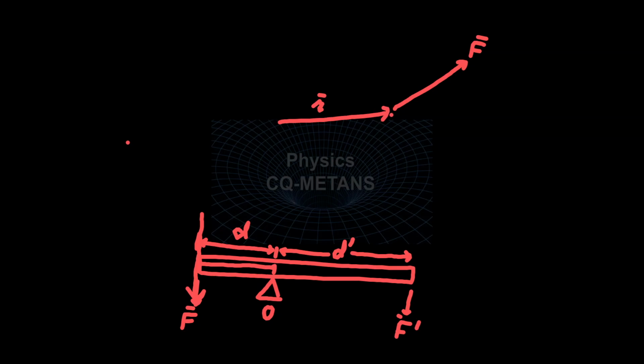If we extend this over here, this is the angle theta, and the opposite angle should also be theta, because opposite angles are equal. So this component is r sine theta. So F into r sine theta.